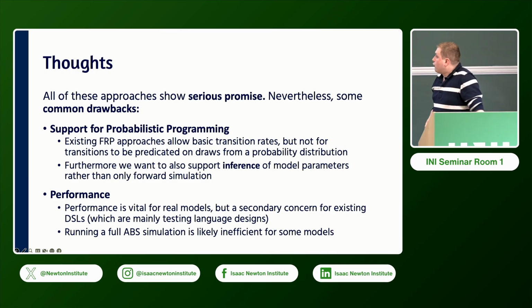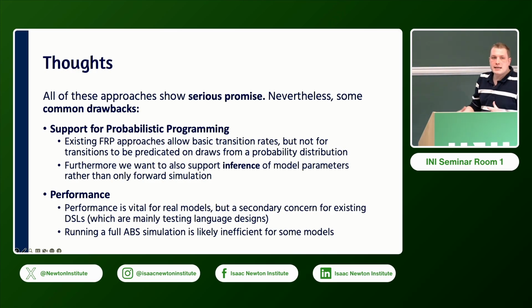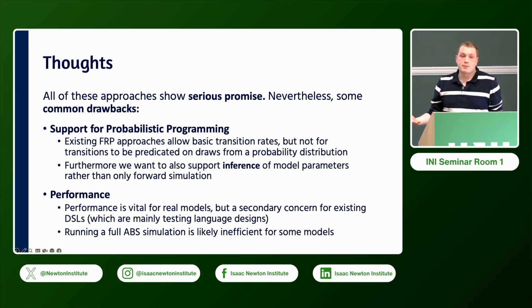Secondly, performance is really crucial for real models, but most of these DSLs don't make any claims about performance and really come at it from a language design perspective rather than an implementation perspective. So running a full ABS simulation, for example, might be overkill for something that you can solve in a quicker way.